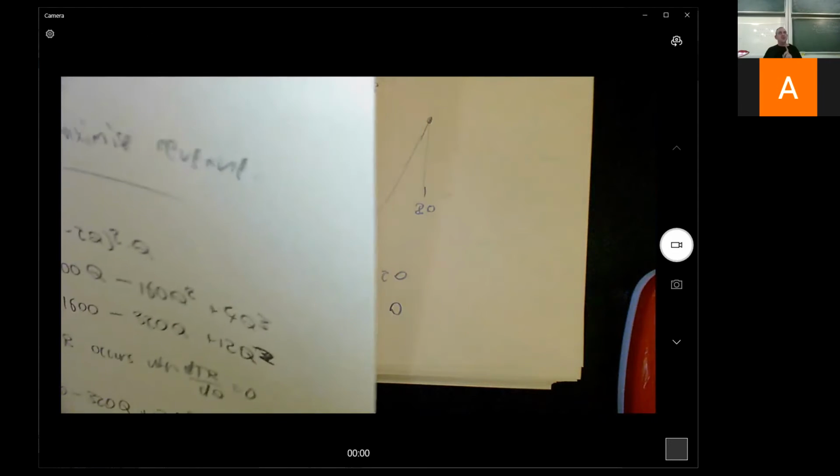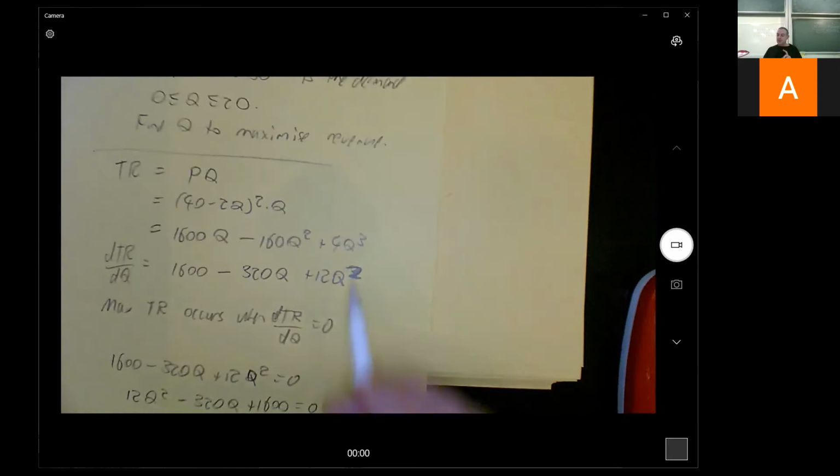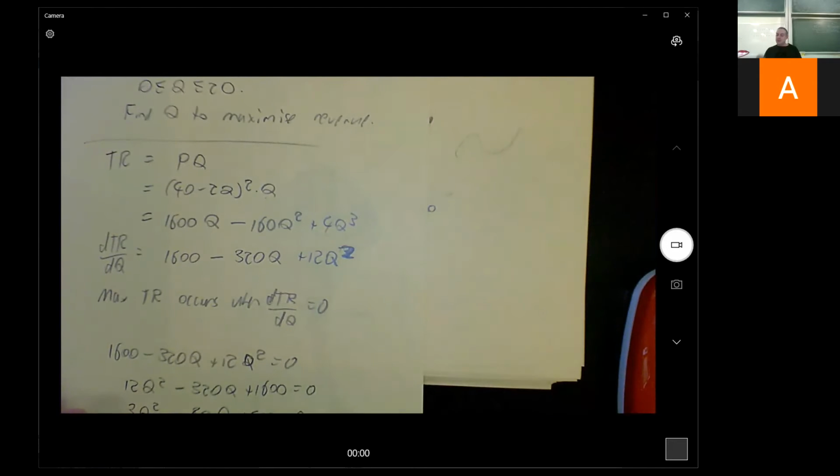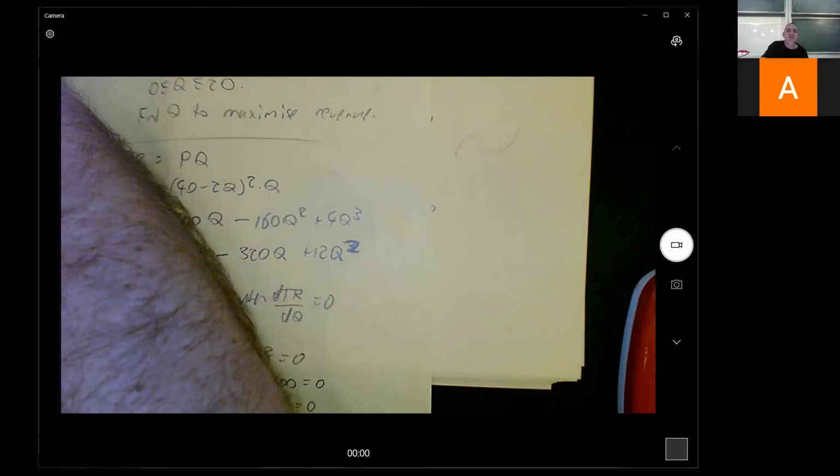This is distressing me just a little because this cubic here would make me think it was this way up. So maybe I've done something wrong. Just give me a moment. I'm going to draw this graph on a screen and see what it does.